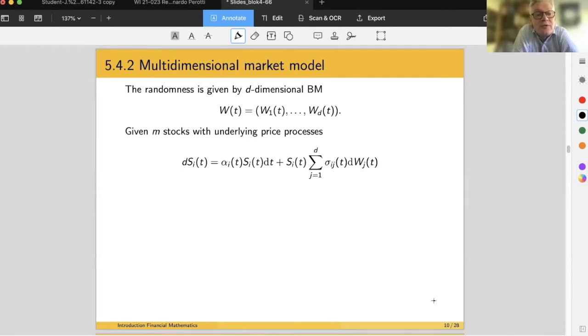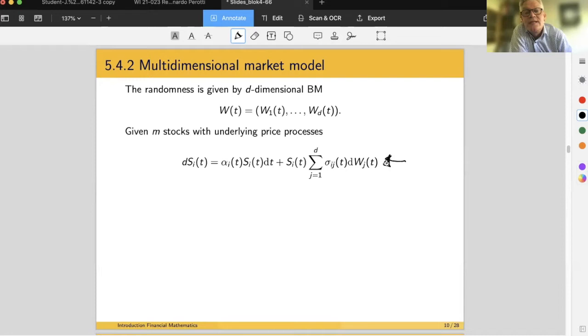So the vector W_t consists of W_1(t), W_2(t), up to W_d(t), a d-dimensional Brownian motion, and we are considering M stocks. And they have the underlying price processes as follows. dS_i(t) is equal to alpha_i(t) S_i(t) dt, plus, and we do this a little differently here, plus S_i(t) times the sum, j runs from 1 to d, sigma_ij(t) dW_j(t).